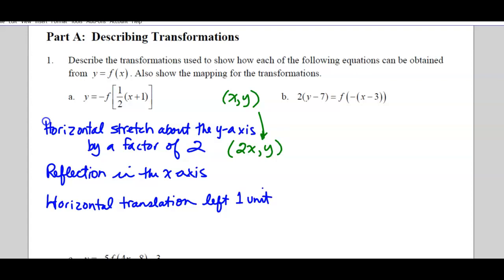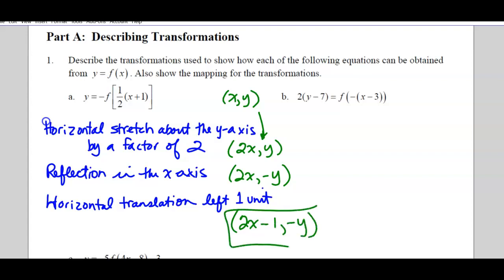Reflection in the x-axis changes the sign of y. And then translating left 1 unit, whatever you had for your x component, now you're going left 1 unit, so you're subtracting 1. So that's your mapping notation. Again, you don't have to show the steps. We're not going to ask for work for that.